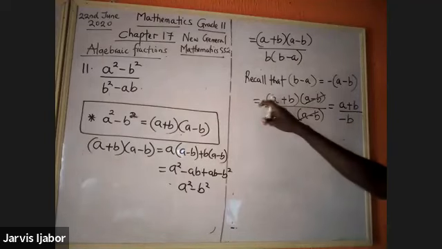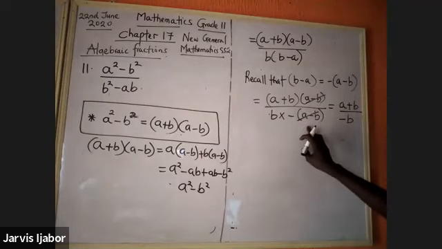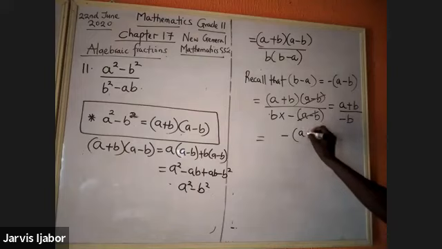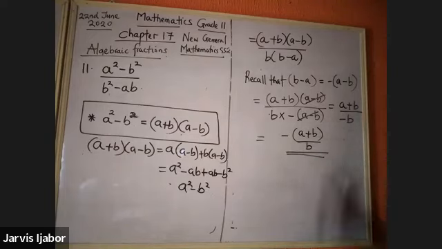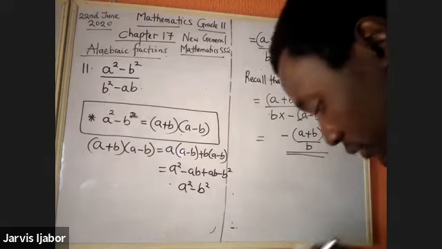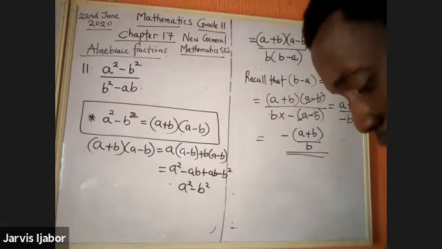So this will give you this. You make your regular substitution and you are left with A plus B over minus B. Remember that this is into A plus B over B. So that's what the answer will be for question 11.